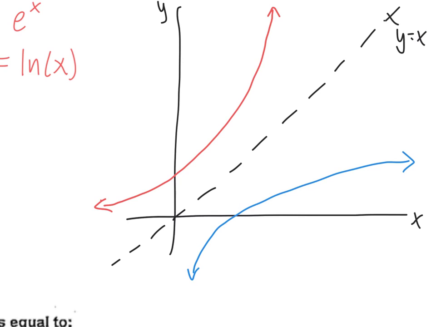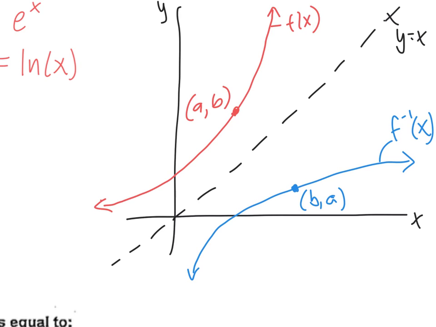One of the things I want to talk about here is that on the function f of x, we have the point a, b. That's just a point on the function f of x. The inverse function, f inverse of x, has that similar point, but it's the point b comma a. What we've been doing in calculus is finding the slope of the tangent line.